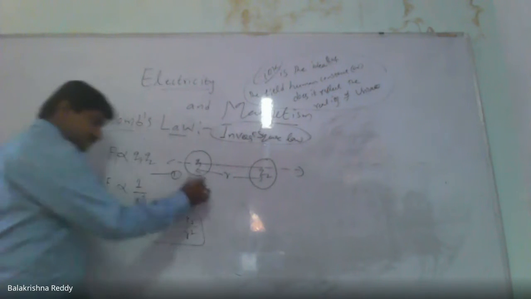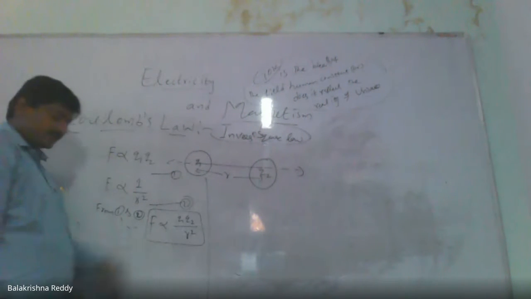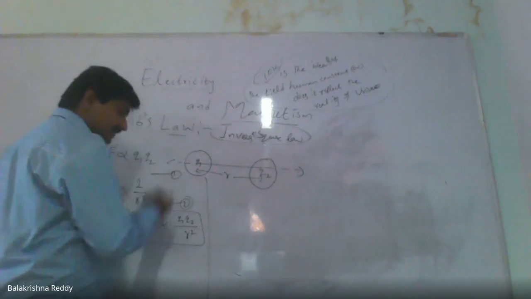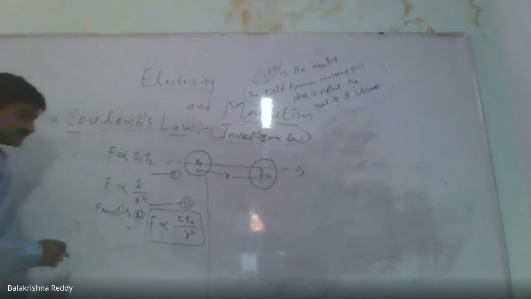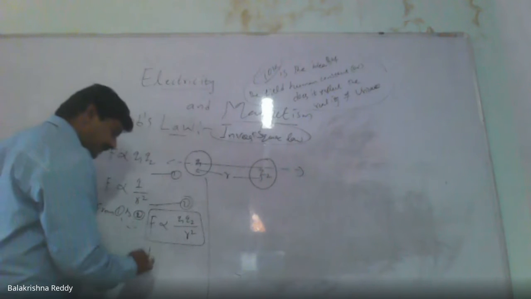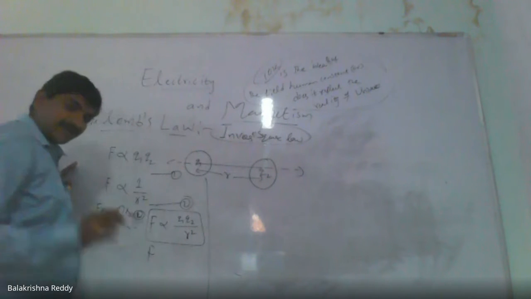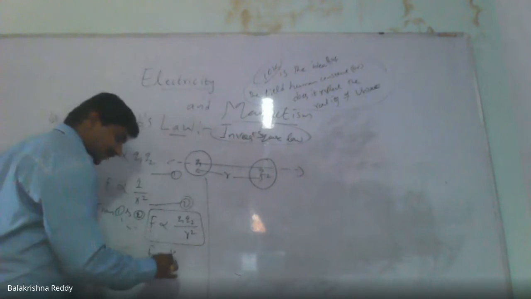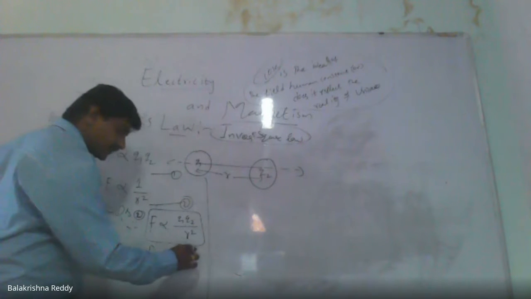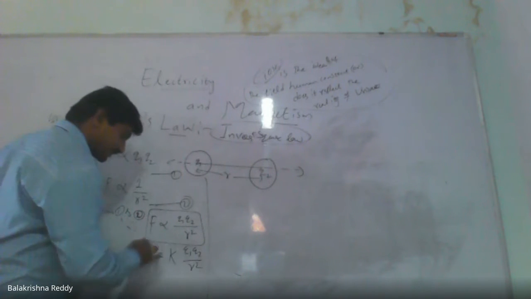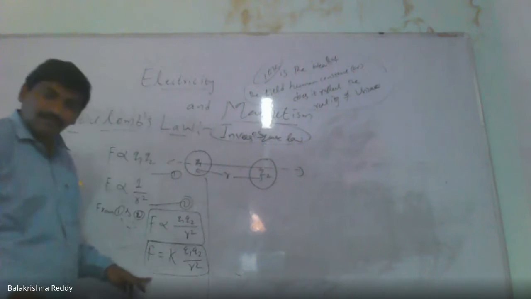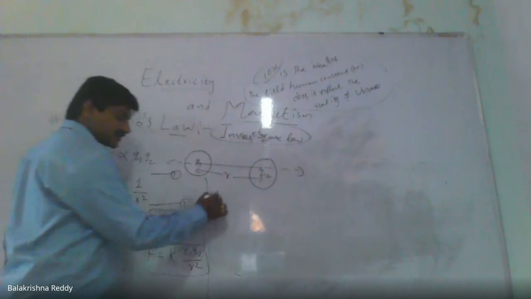Therefore, I can also write this further. Since F is directly proportional to Q1 Q2 by R square, if I remove the proportional sign, I have a constant K, F equals K into Q1 Q2 by R square, where K is a proportionality constant.